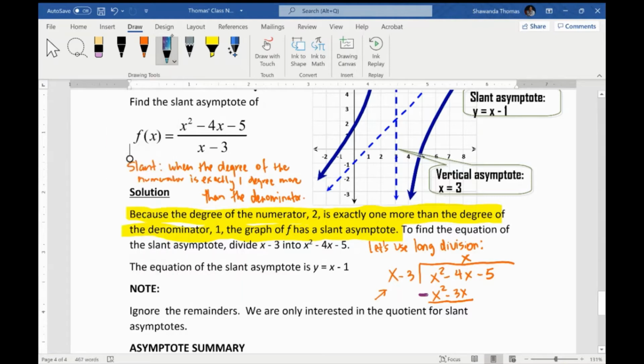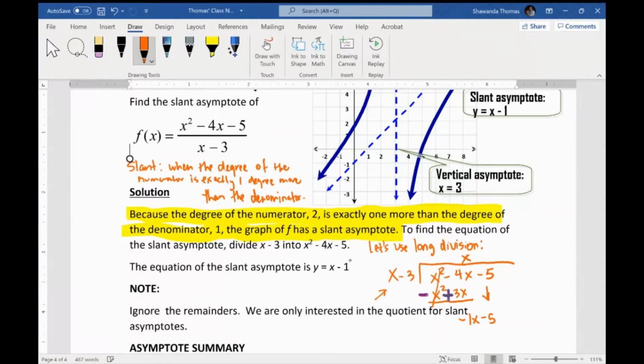That's going to become a minus, and this is going to become a plus. All right, now what do we have? Negative 4x plus 3x is negative 1x. And then we're going to bring down minus 5.